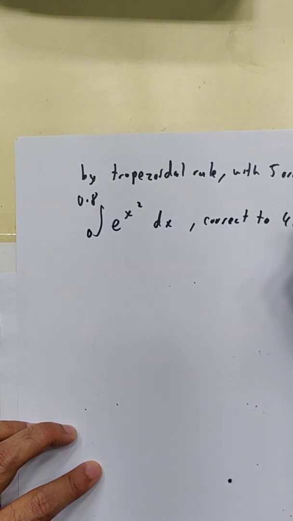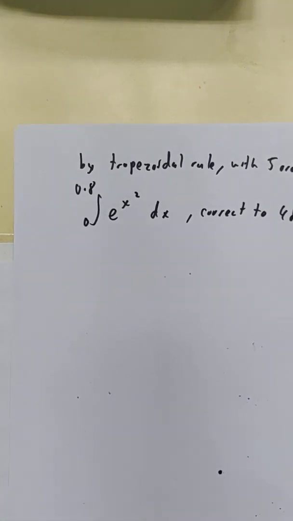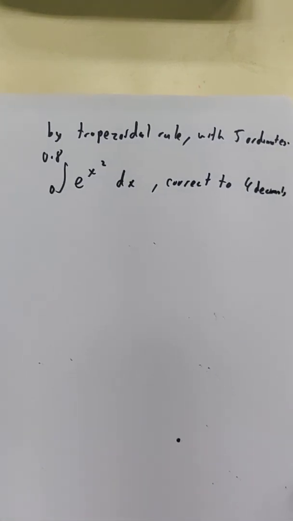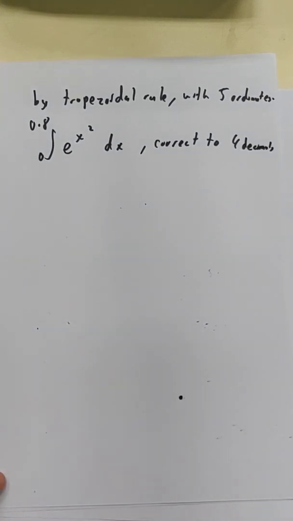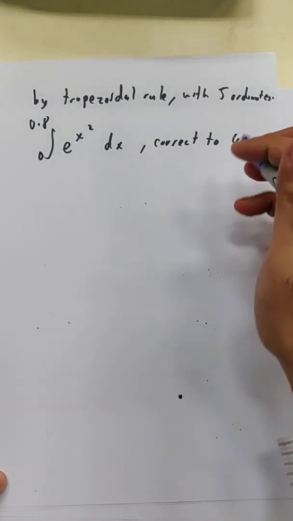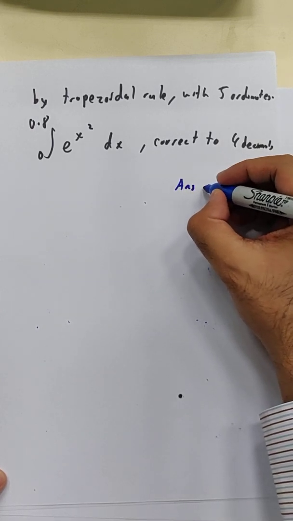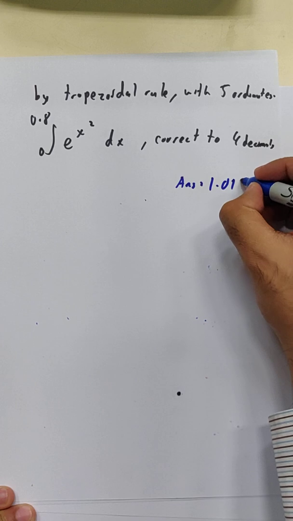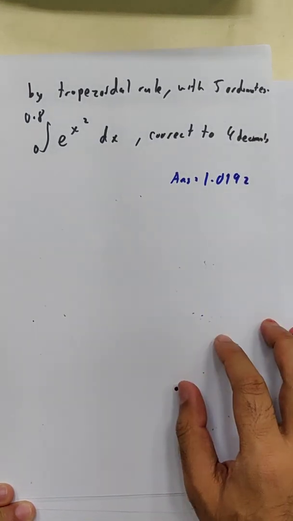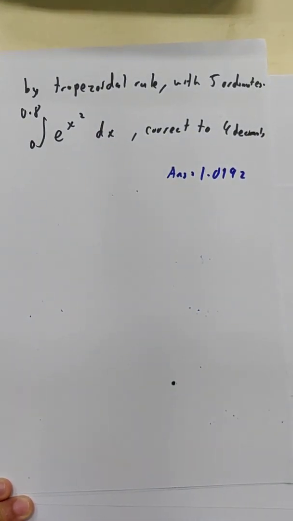Correct to 4 decimals. Can you do it by yourself? Give it a try. The answer should be 1.0192. On your own, be quick.